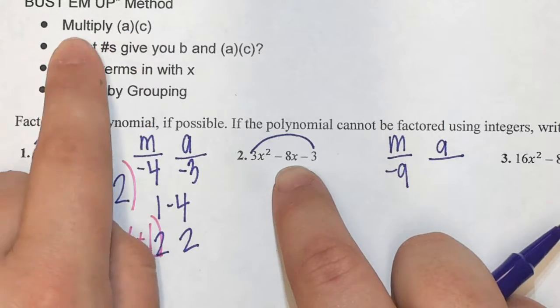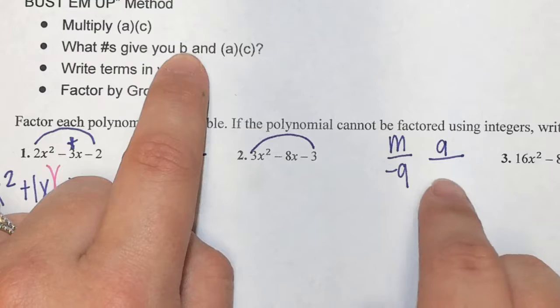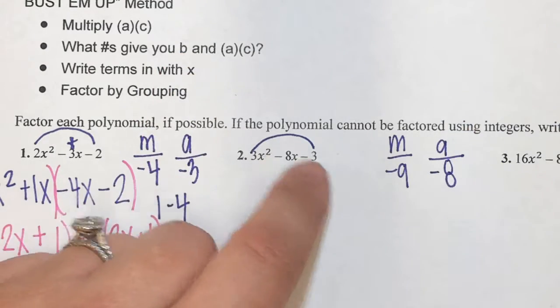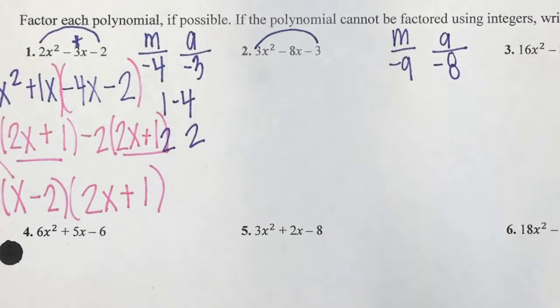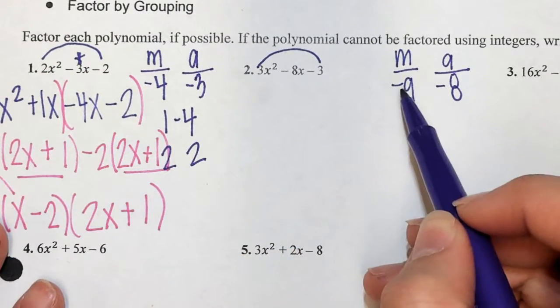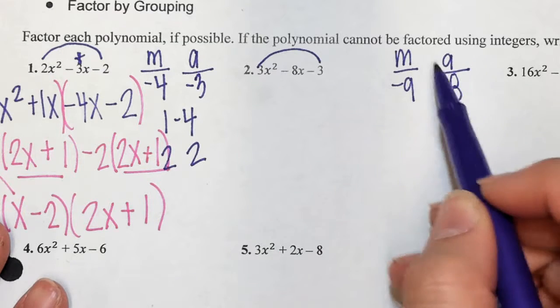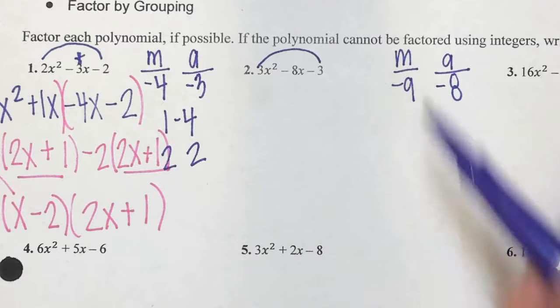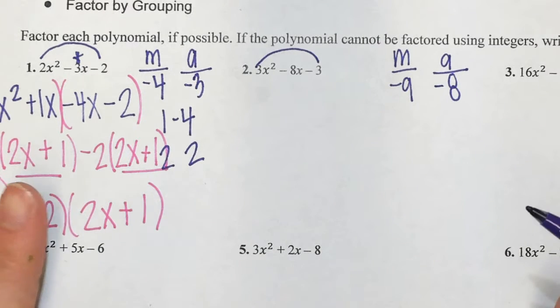And then add: what numbers give you B when you add, which is -8. So all I did was multiply 3 times -3 to get -9, and I put add -8. So I need 2 numbers that multiply to give me -9 and add to give me -8.